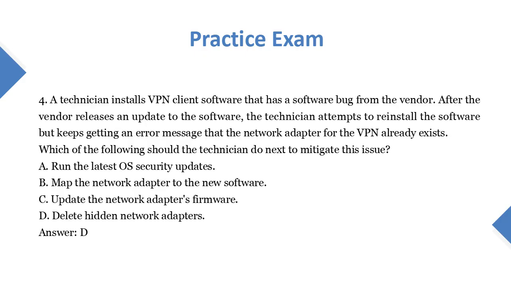4. A technician installs VPN client software that has a software bug from the vendor. After the vendor releases an update to the software, the technician attempts to reinstall the software but keeps getting an error message that the network adapter for the VPN already exists. Which of the following should the technician do next to mitigate this issue?